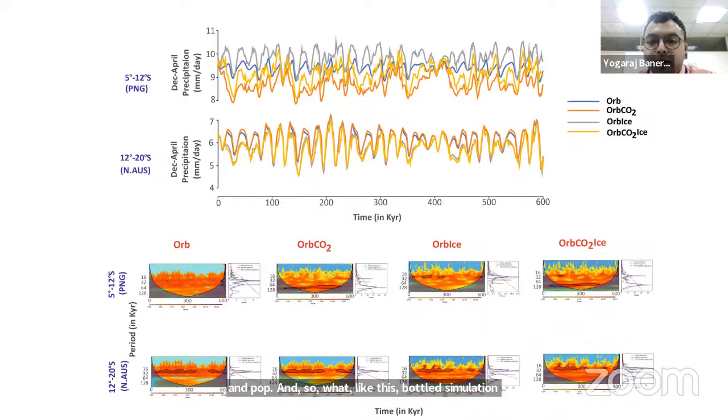One is for the Papua New Guinea region, there is an indication of the presence of CO2 and ice sheet forcing probably. And then there is a regional heterogeneity that we are seeing in terms of the reconstructed precipitation pattern for this part of the Western Pacific warm pool.